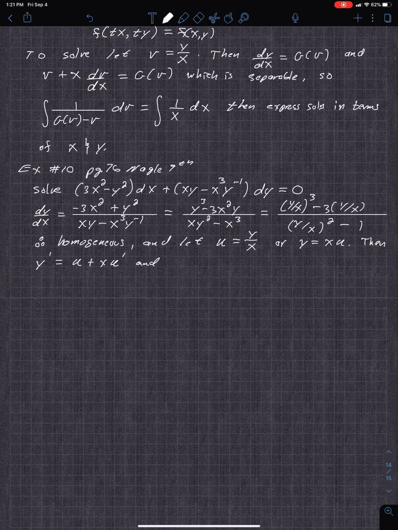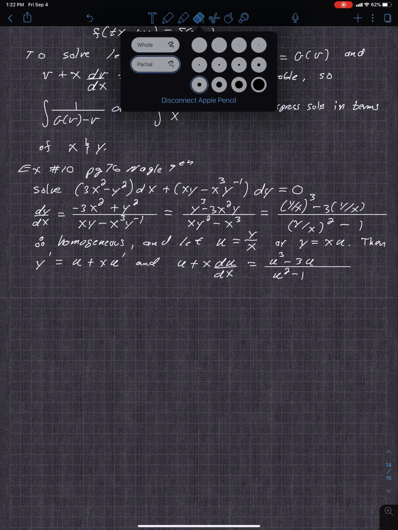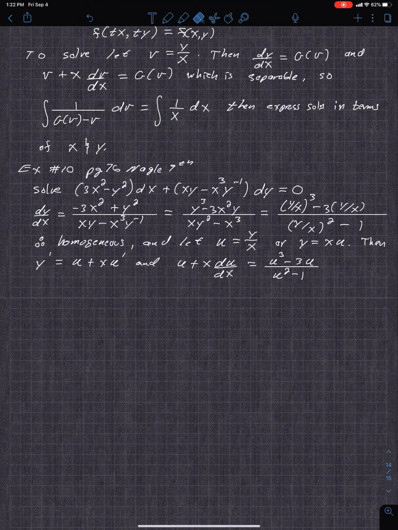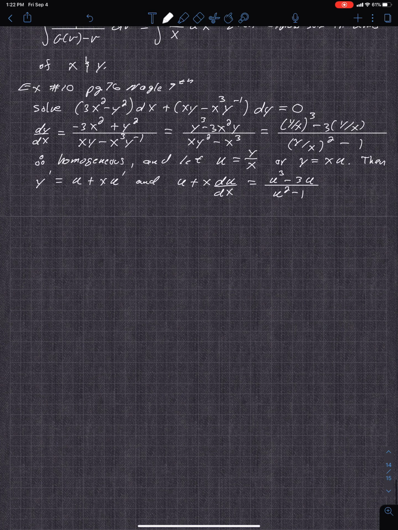And we have that u plus x du/dx is equal to, after simplifying, u cubed minus 3u over u squared minus 1. Now continue to simplify and separate variables.